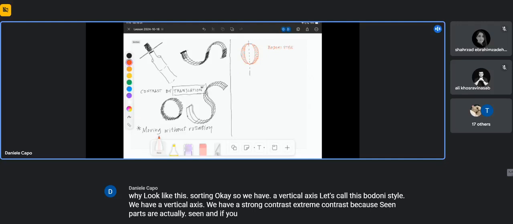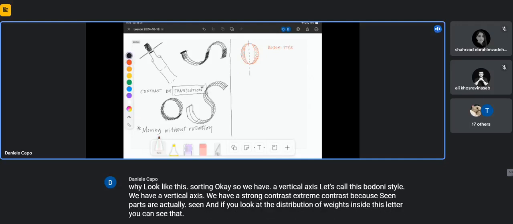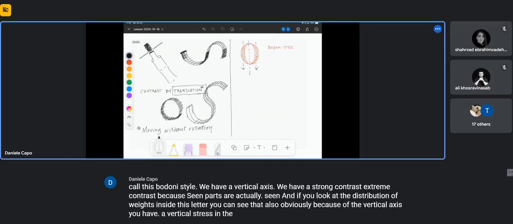And if you look at the distribution of weights inside this letter, you can see that also, obviously, because of the vertical axis, you have a vertical stress in the main parts.